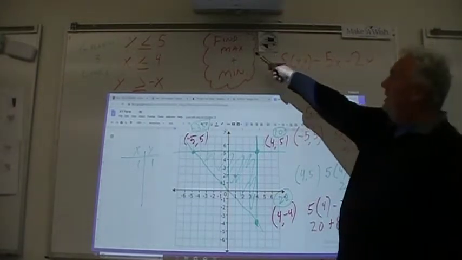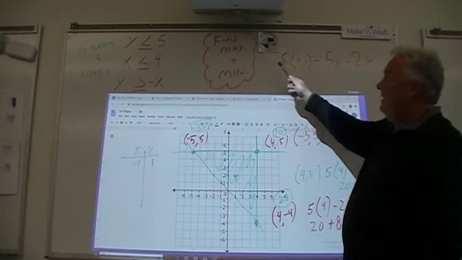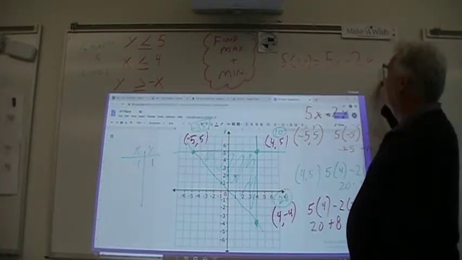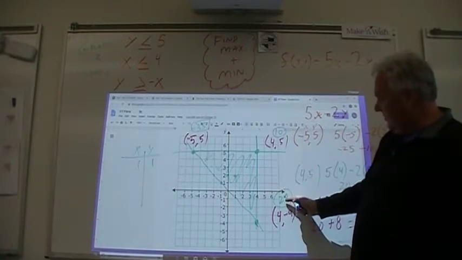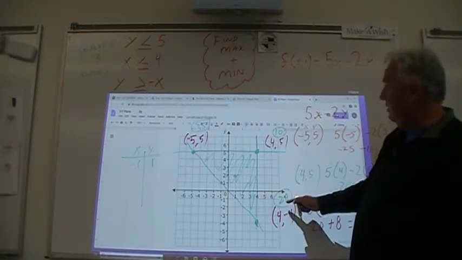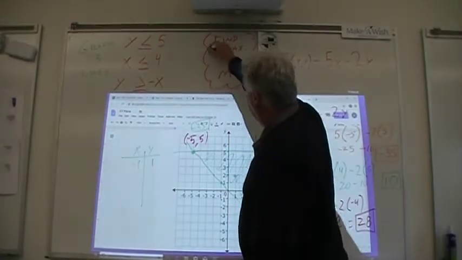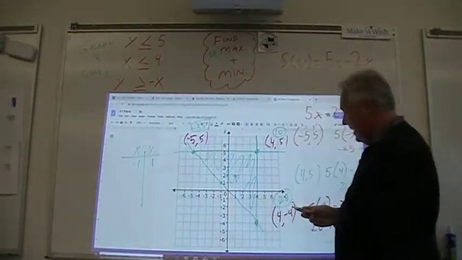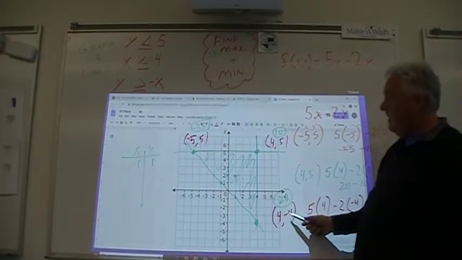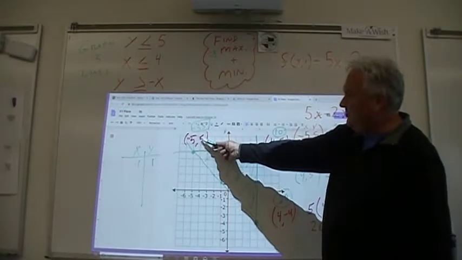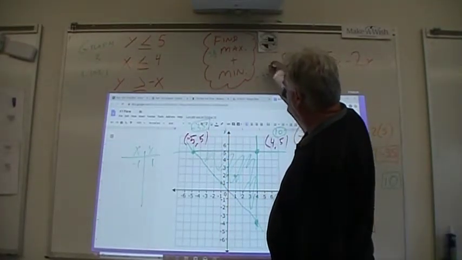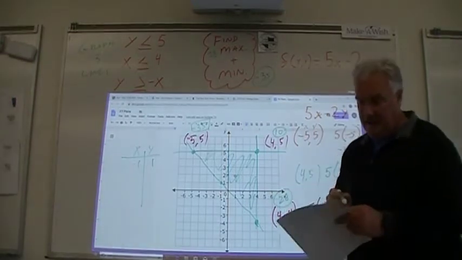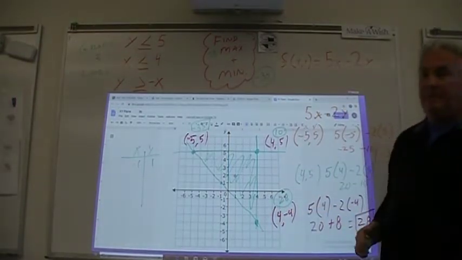The question was, find the max and the min for this function. What's the maximum that was produced? Right here, 28, at this point. What's the minimum that's produced? Negative 35. And those are the answers to this problem.